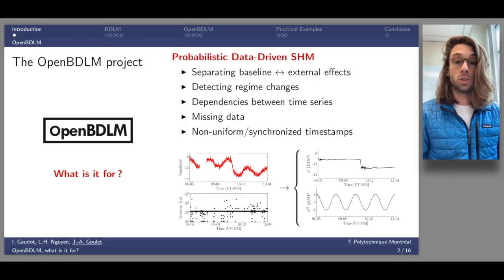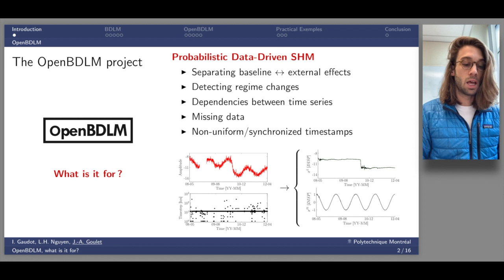Another thing that we can handle with OpenBDLM is non-uniform or asynchronized time steps. As you can see here, for the dataset we saw previously, the time step length is not constant. On the horizontal axis is time. On the vertical axis is the time step length on a log scale in hours. So this represents 10 hours.